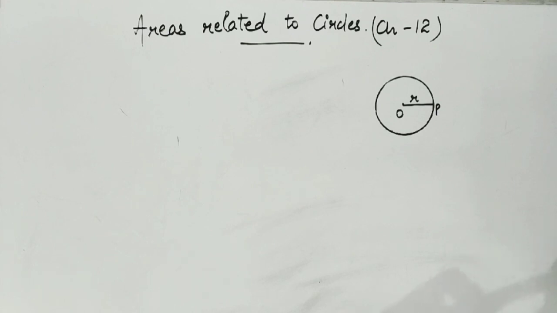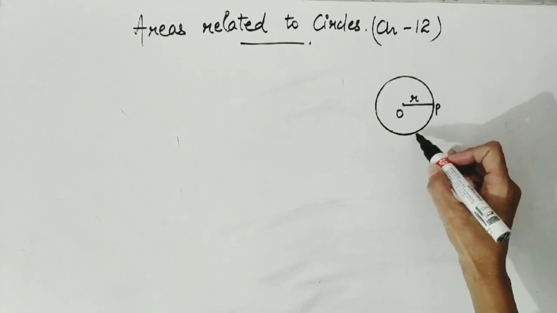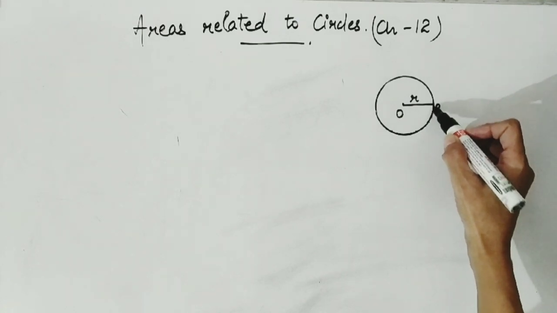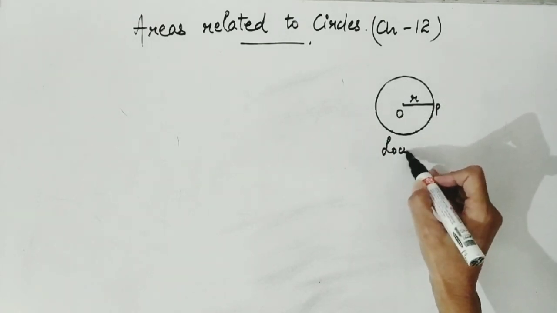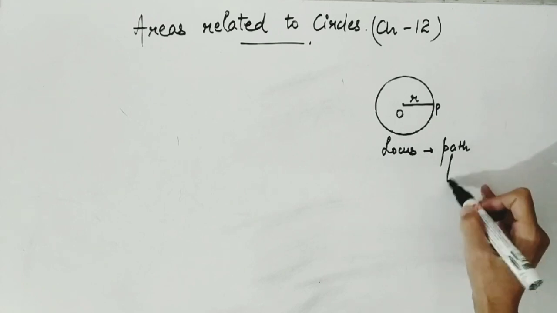Dear students, you are already familiar with circle and the various terms related to this, but let us quickly recapitulate. What is a circle? It is actually a locus of points. I'm using the word locus. Locus means path followed.